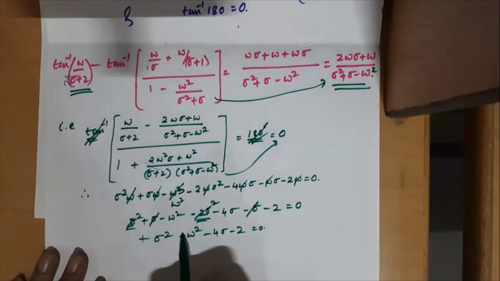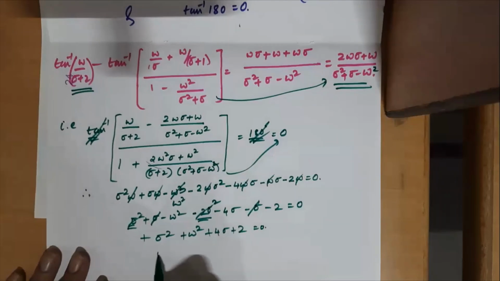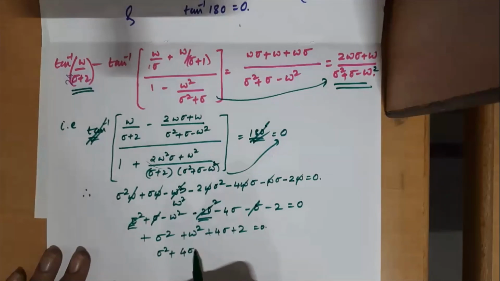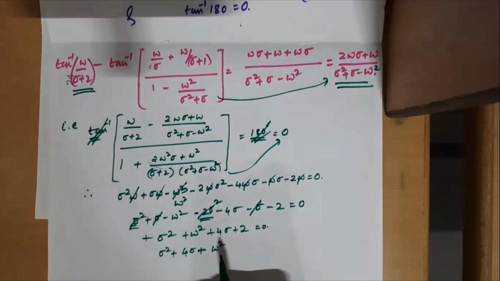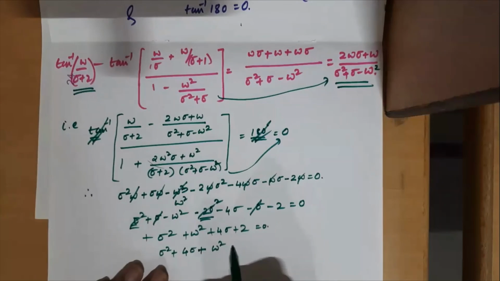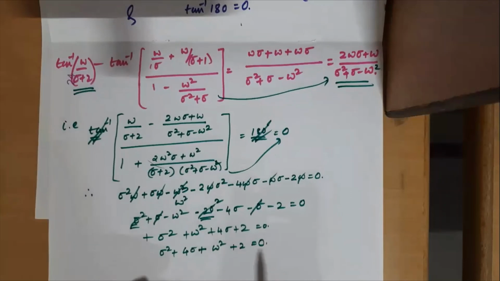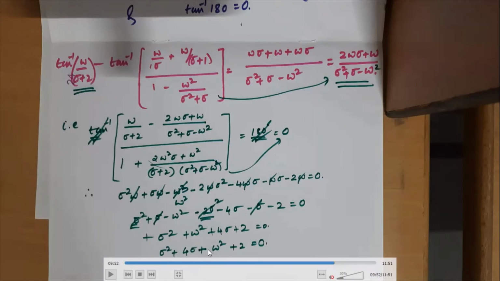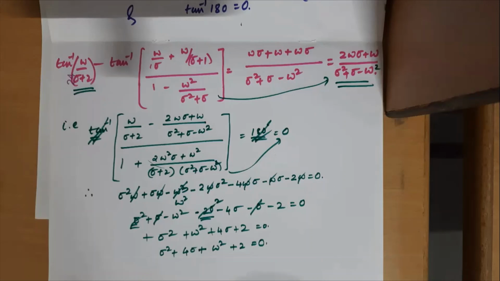So all are equal to plus. So sigma square plus 4 sigma, the real part in the plane, then omega square, the imaginary part of the plane, plus 2 equal to 0. So in the xy plane, if I write x square plus 4x plus y square plus 2 equal to 0, something like that. Okay, these are the parameters of that particular real and imaginary axis.